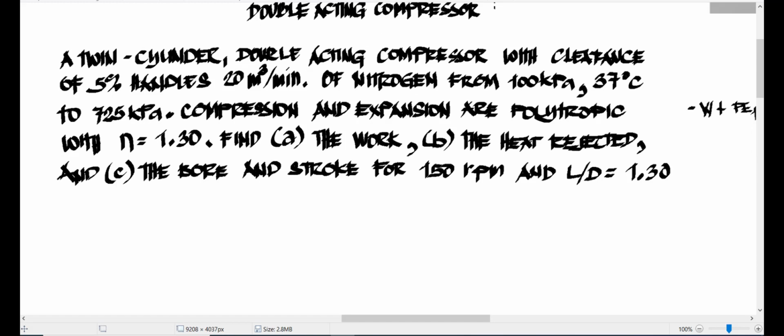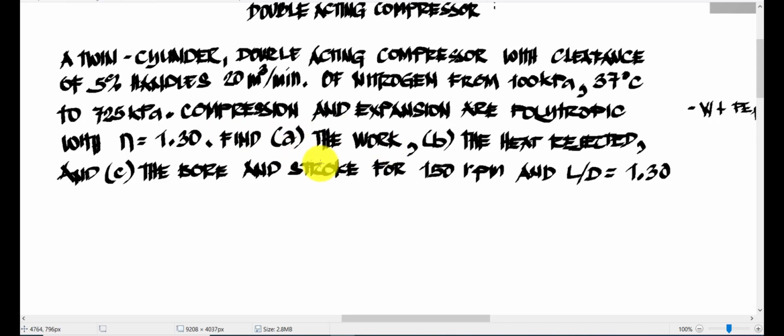Okay, so we have a sample problem. A twin cylinder double acting compressor with a clearance of 5% handles 20 cubic meters per minute of, sorry, of nitrogen from 100 kPa at 37 degrees Celsius, compressed to 725 kPa. Then the compression and expansion are polytropic processes with n equal to 1.30.